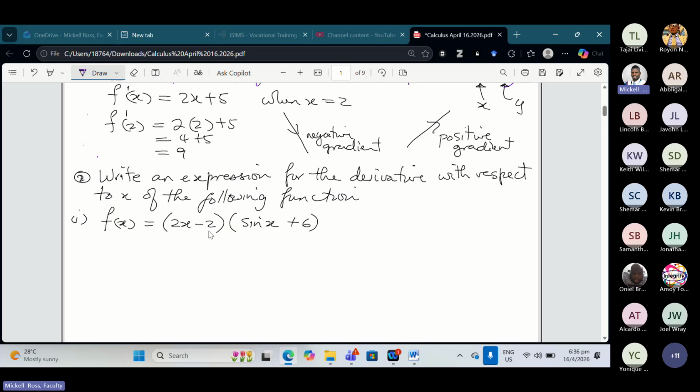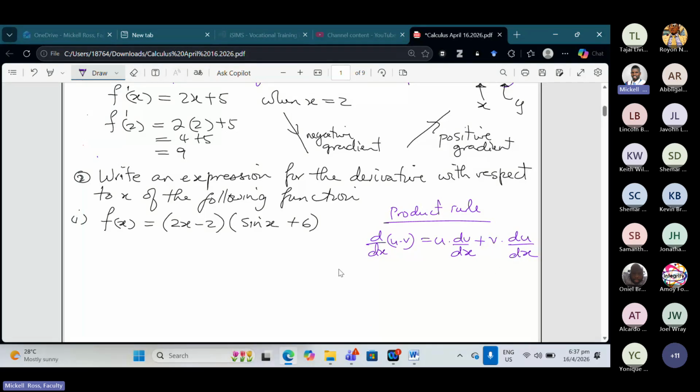So for using the product rule, we look at three rules: the product rule, the quotient rule, and the chain rule. The product rule says, if I'm taking the derivative with respect to x of u times v, it's going to be equal to u times the derivative of v with respect to x plus v times the derivative of u with respect to x.